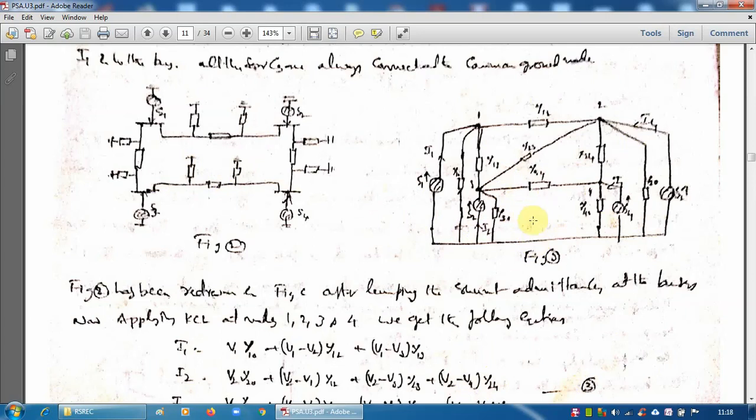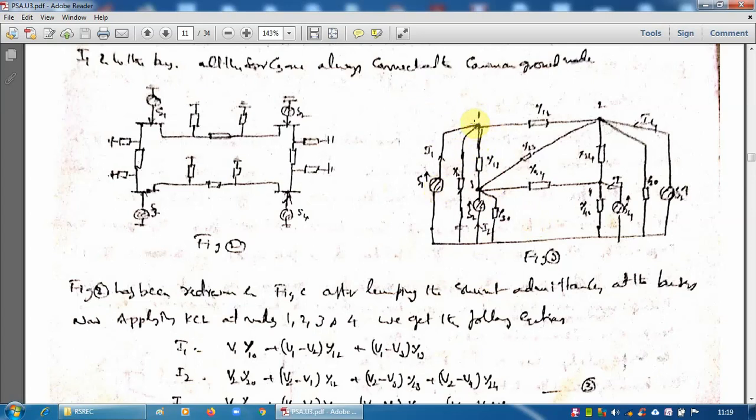Now if this is the model as per the previous discussion, we can construct Y bus for this. For example, the diagonal element Y11. What is Y11? Y11 is nothing but the sum of admittances connected at node 1.